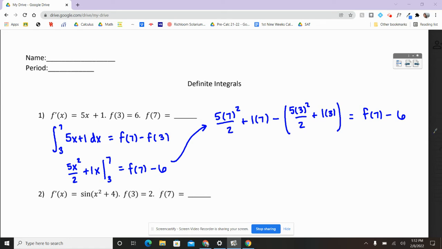So at this point, you can use a calculator since we actually have to find an answer. Here, I'm going to type in this entire left side to my calculator. One second.